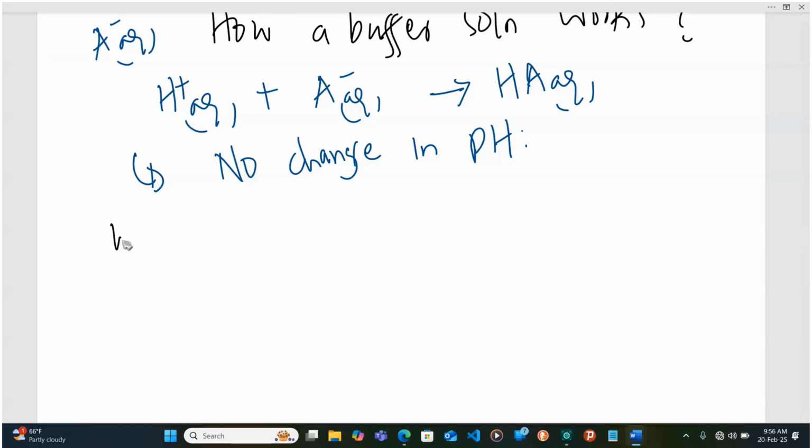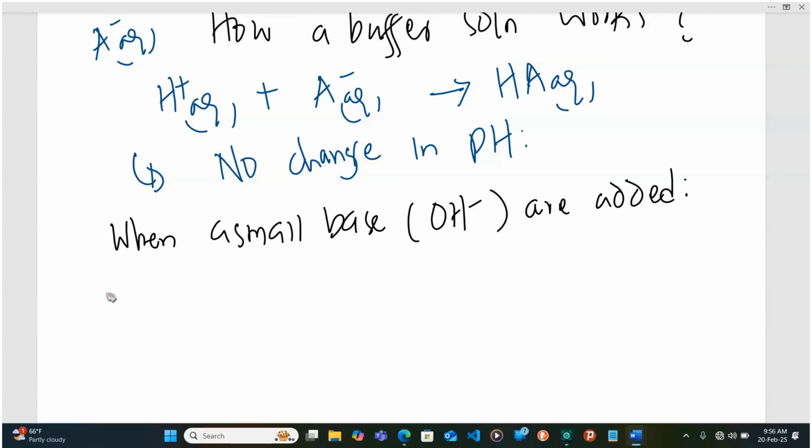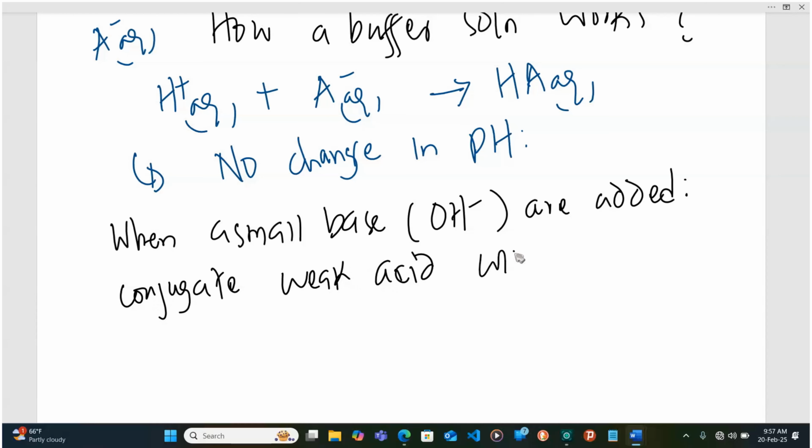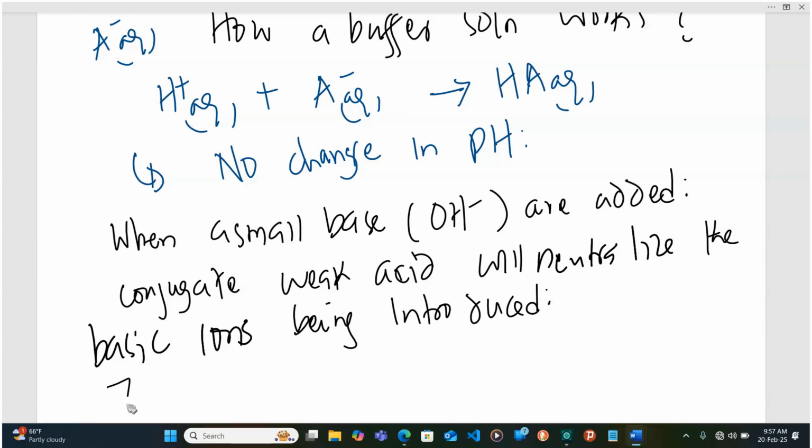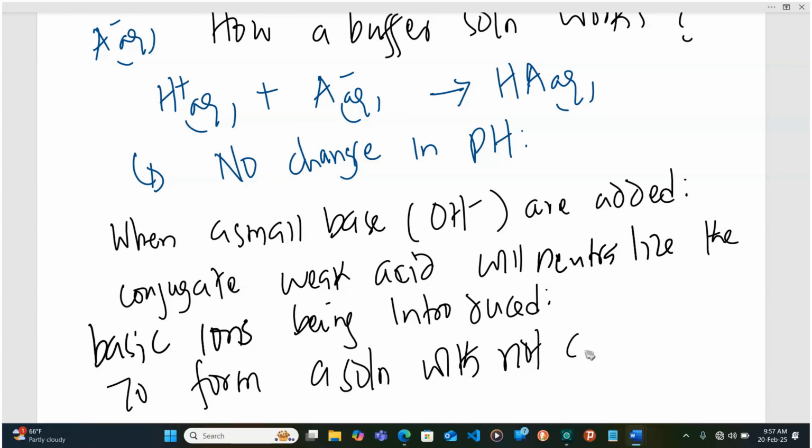So when a small amount of base, hydroxide ions, is added, the conjugate weak acid will neutralize the base, or the basic ions, to form a solution with no change in the pH.